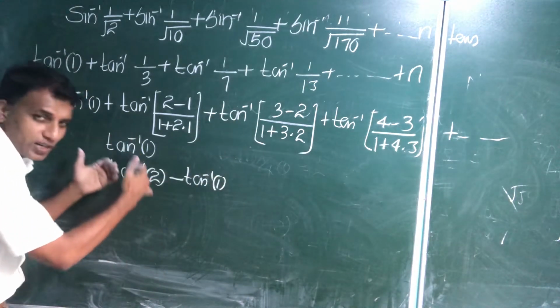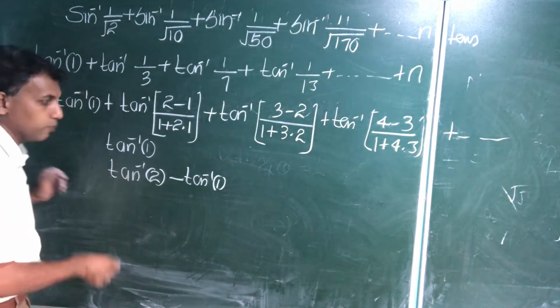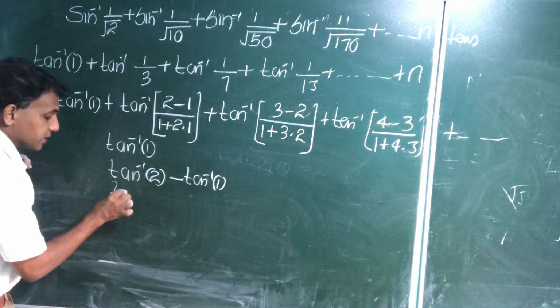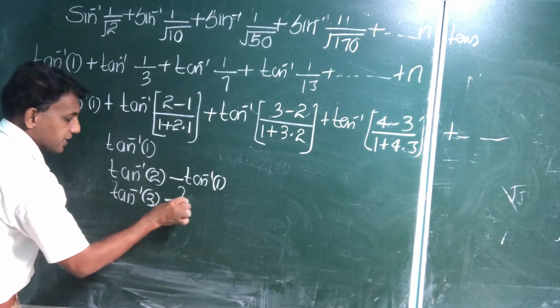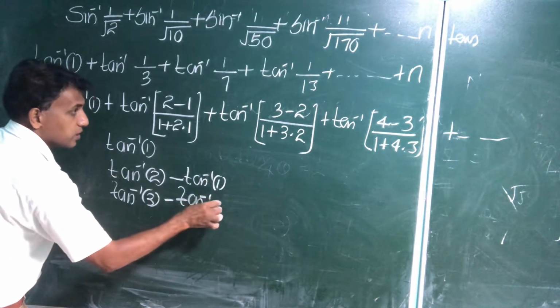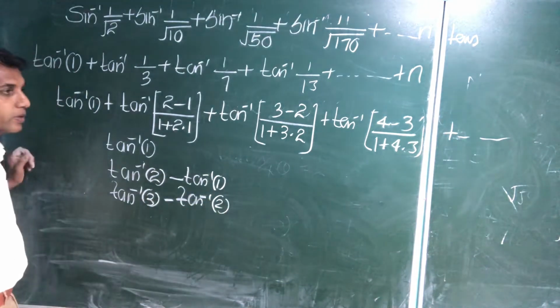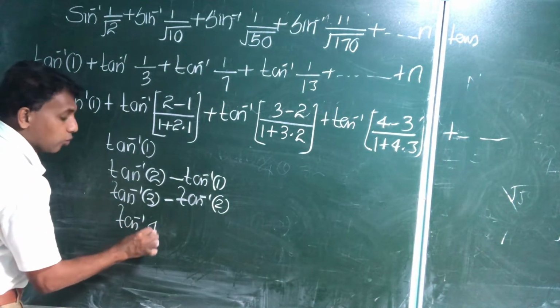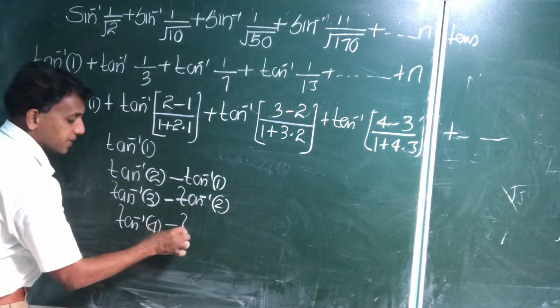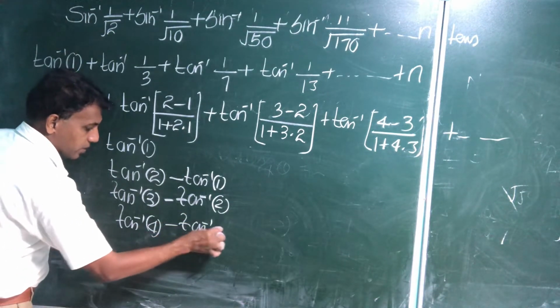Next, I show you vertically for easy explanation. Tan inverse 3 minus tan inverse 2. Next one, tan inverse 4 minus tan inverse 3.